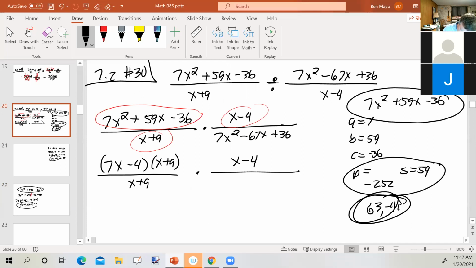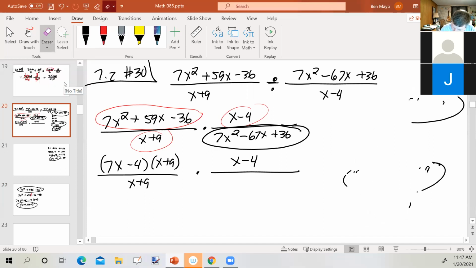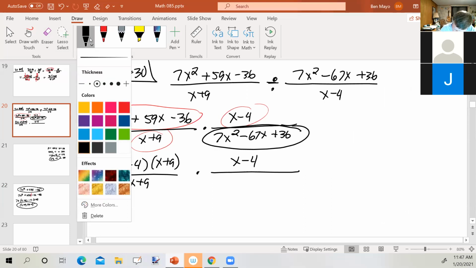So now we're going to take this one and factor it. 7x squared minus 67x plus 36. Tell you what I'm going to do. This is all in the recording anyway. So I'm going to erase this and write my work there.